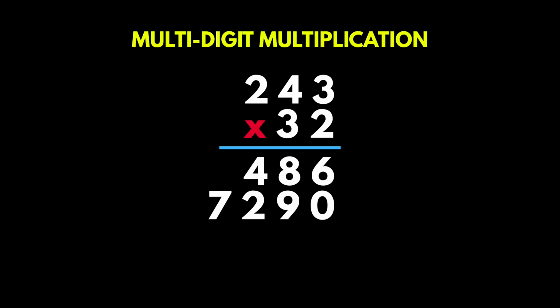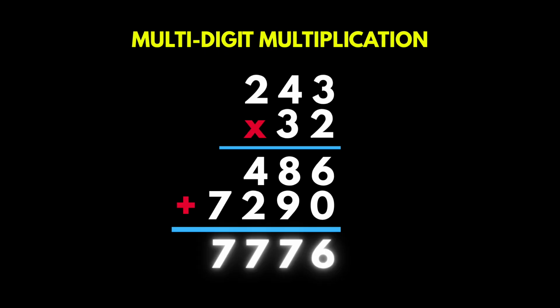The second partial product is 7,290, written as 7290 with the placeholder. Now, add the two partial products together. 486 plus 7,290 equals 7,776. That is our final answer.